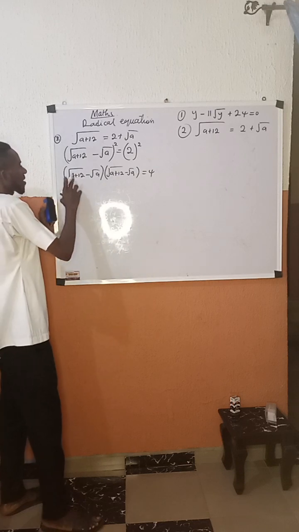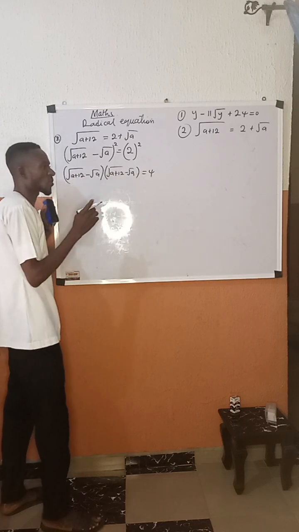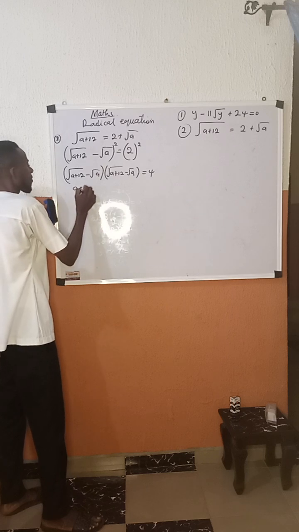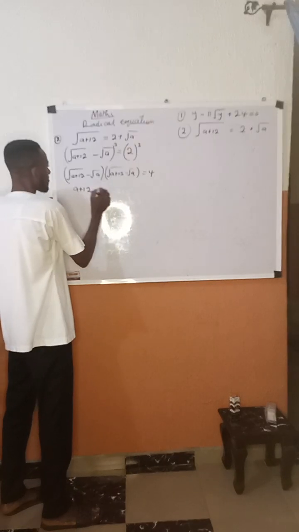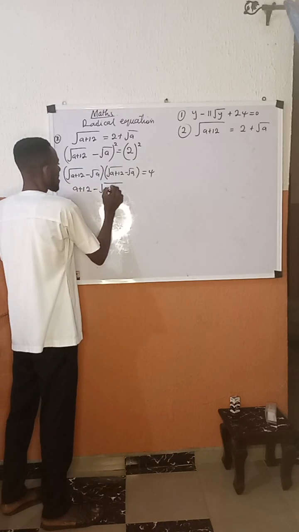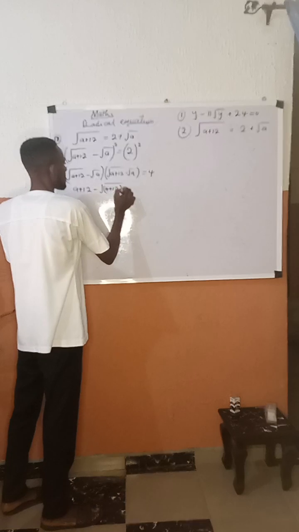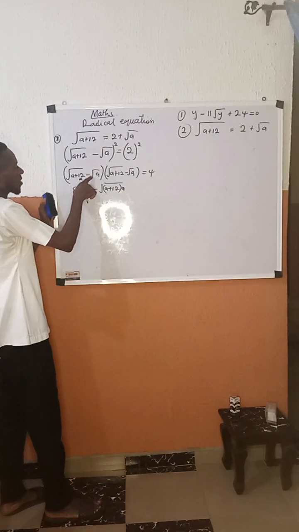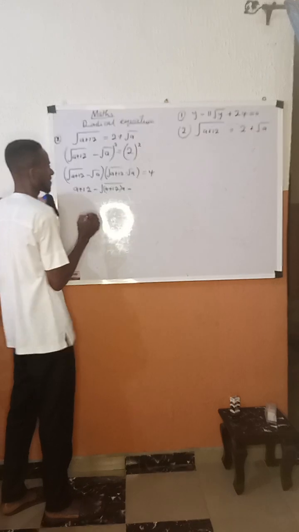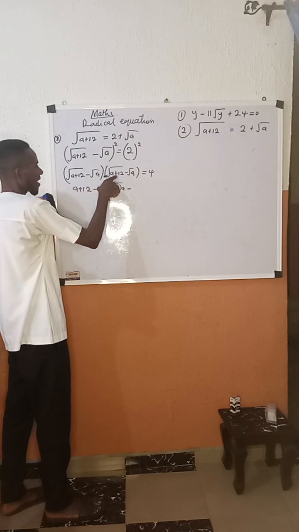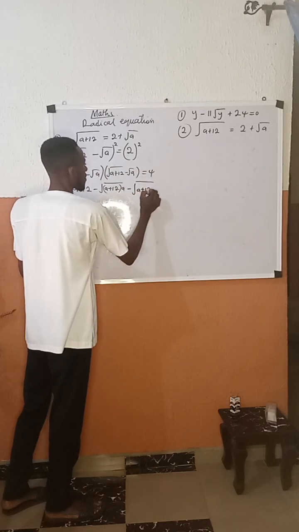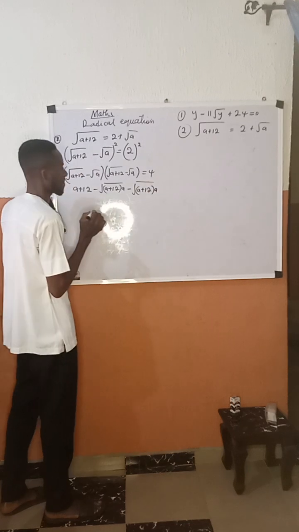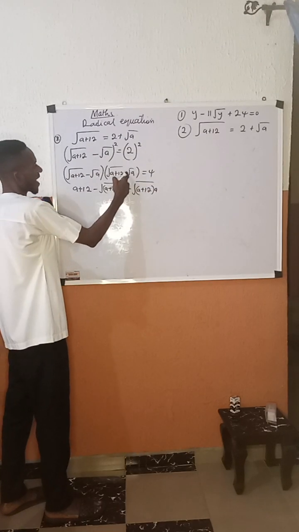By so doing, we have that root A plus 12 times root A plus 12 is A plus 12. And root A plus 12 times minus root A is minus root A plus 12 by A. We equally have minus here, so I'll put minus here. Root A multiplying this root A plus 12 will equally give us root of A plus 12 all by this A. Here I have minus, here I have minus.